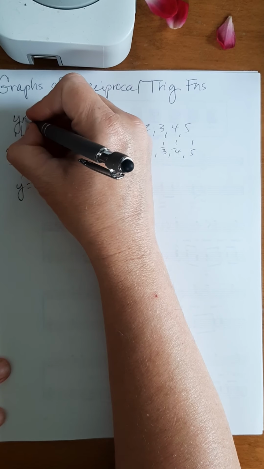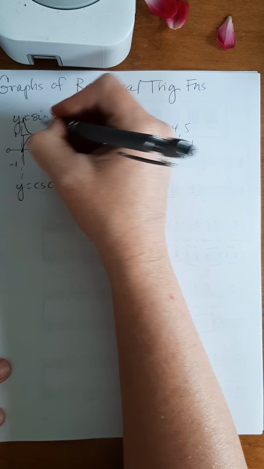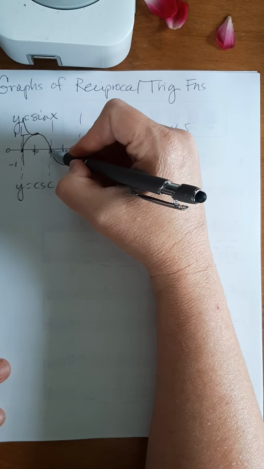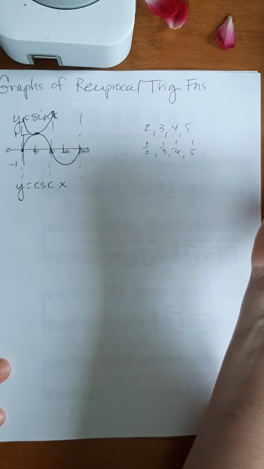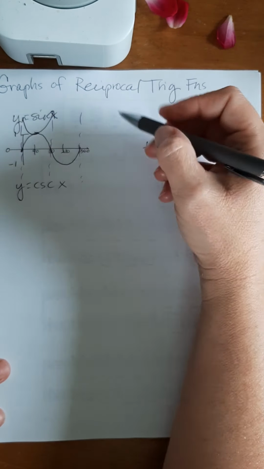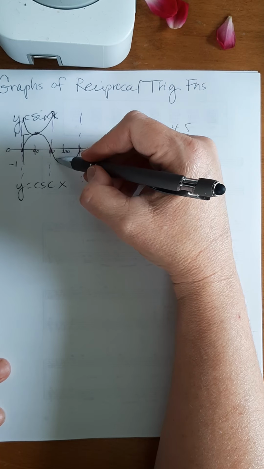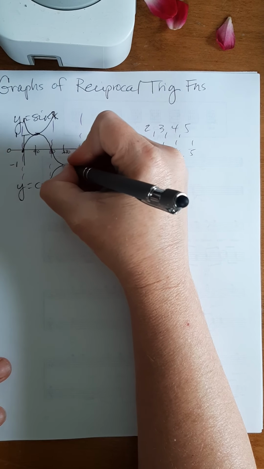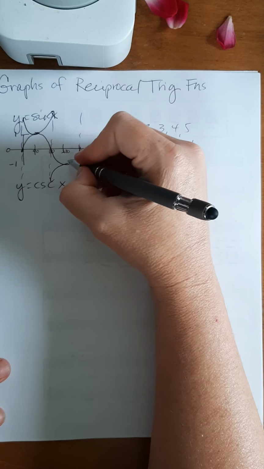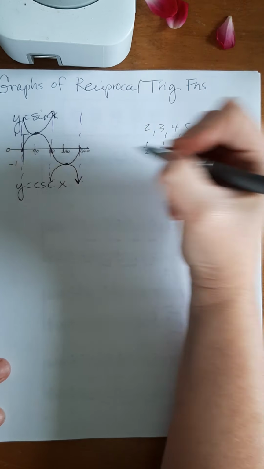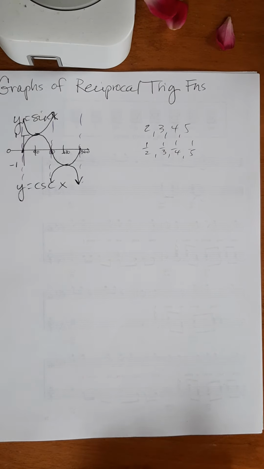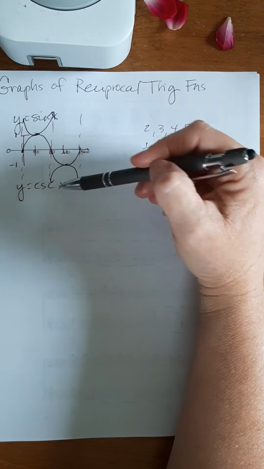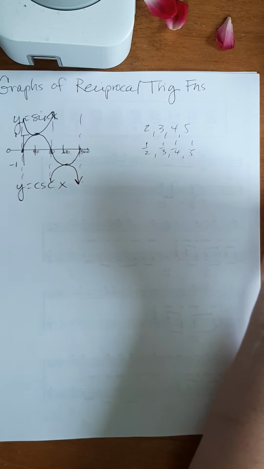Well, the reciprocal means you've got to be decreasing. Decreasing, increasing, approaching those asymptotes, decreasing, increasing, increasing, decreasing. So whenever you need to graph cosecant, you're going to do your asymptotes, swoop, swoop.